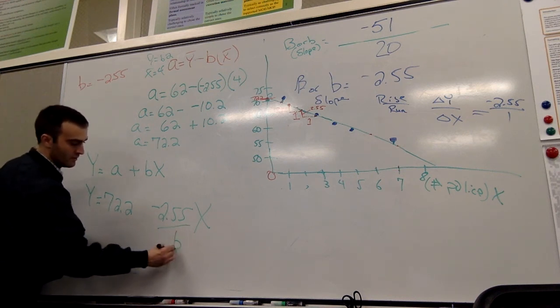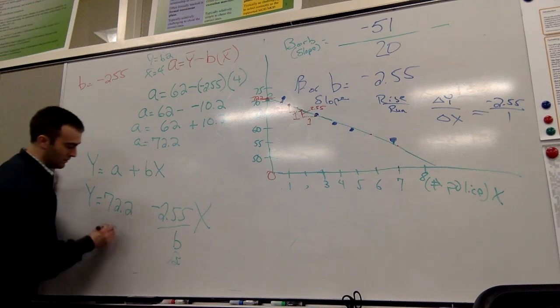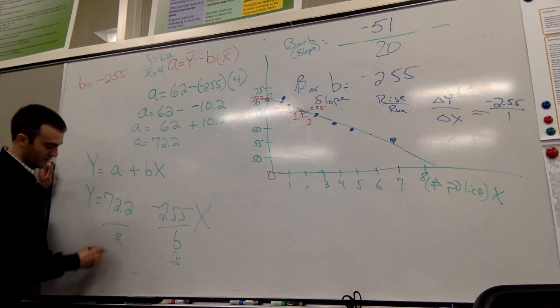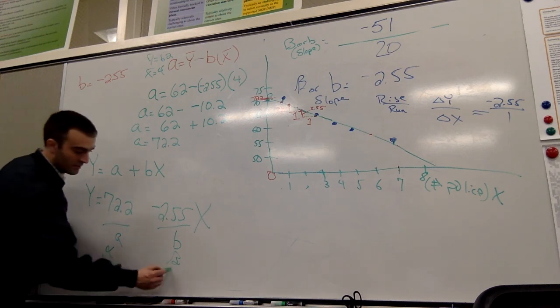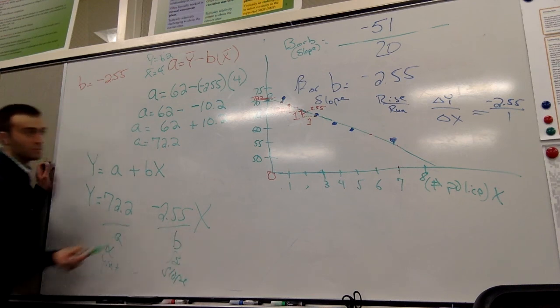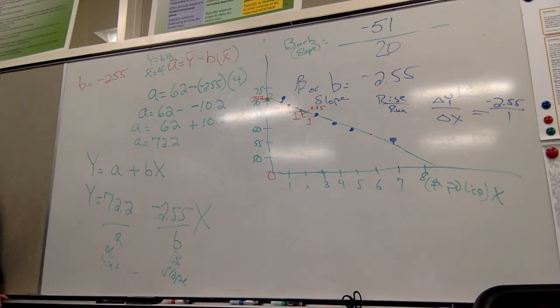Here's your B, here's your beta, here's your A, or your alpha, which is your y-intercept, and B is the slope. So B, negative 2.55, is how steep it is. That's the slope of it. And to get the exact equation of that line, you have to calculate the y-intercept when x equals 0.